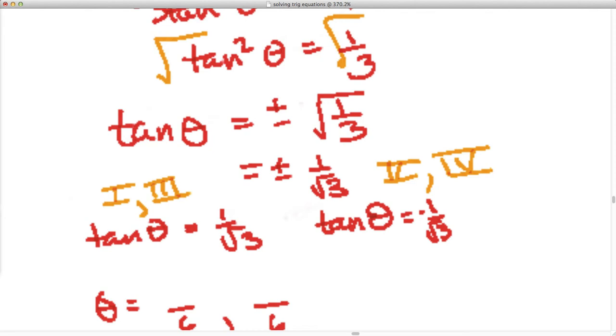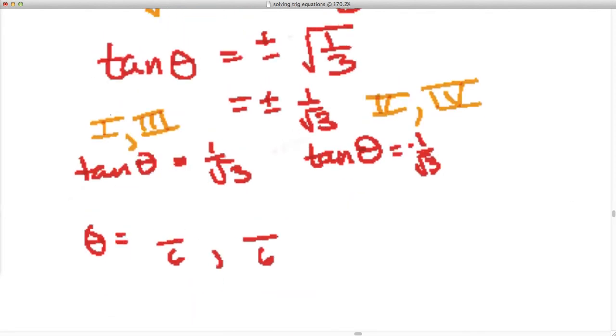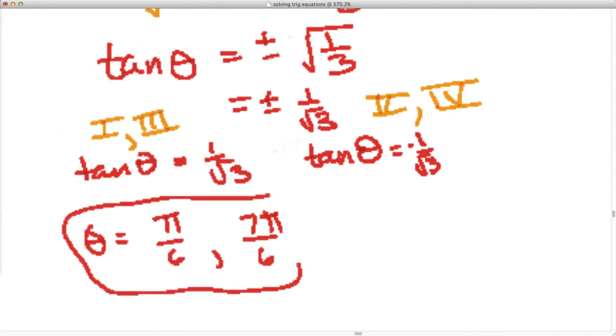So we have, in the first quadrant, pi is the numerator. In the third quadrant, it's 1 more than the denominator and then the pi. Oops, we're not quite done, are we? Getting a little ahead of myself.